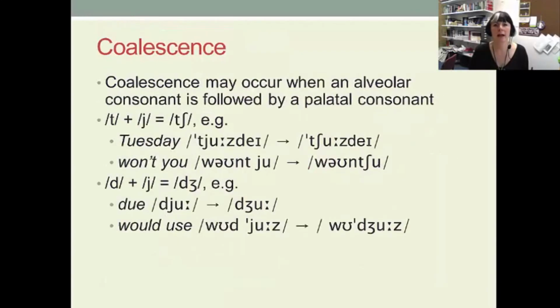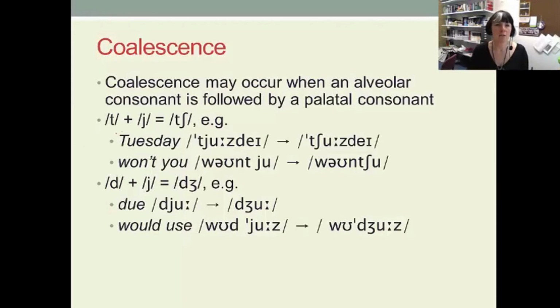Coalescence is where an alveolar consonant is followed by a palatal consonant, and that means that we get two consonants being realised as one, being realised as an affricate. So I like to think of this as the Spice Girls of connected speech processes where two become one.